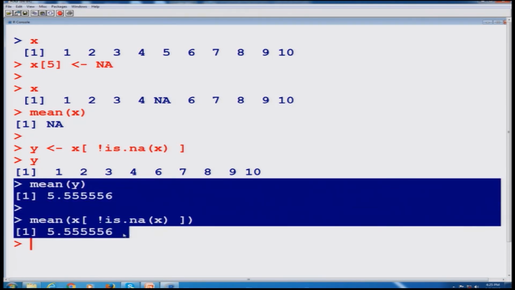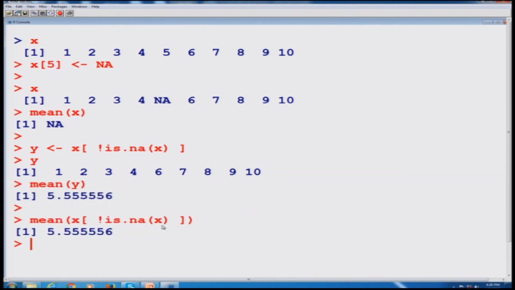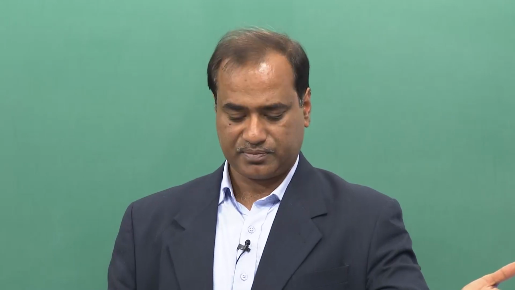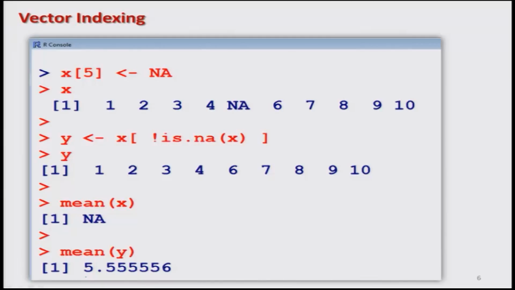You can see this is the same operation, but just for the sake of understanding, I am elaborating it in smaller steps so that you can understand it. Once you get practice, you can combine these several operations in a single step. Okay. So, in the next slide, I have given the screenshot of the same operation. You can try it yourself.